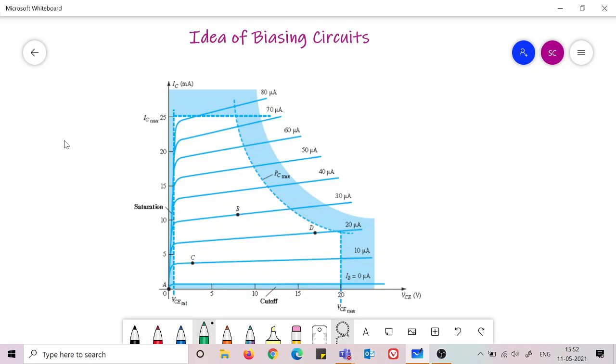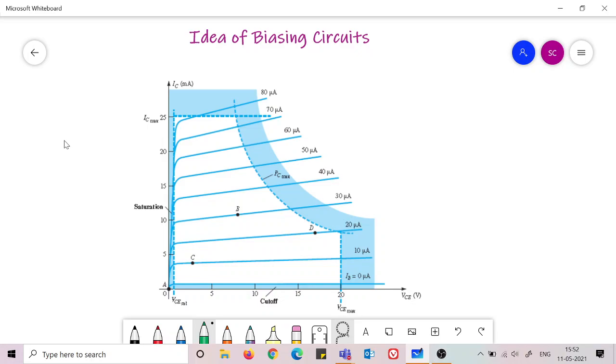Now, where to set up that Q point? That is a question. As we have studied till now, it is very obvious to us that the Q point does not depend on the transistor. It depends on the circuit parameters, the resistances and the voltages in the circuit that we use. That determines the Q point, operating point of the transistor. Transistor itself does not determine the operating point.